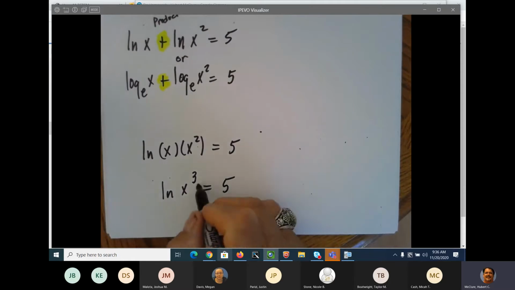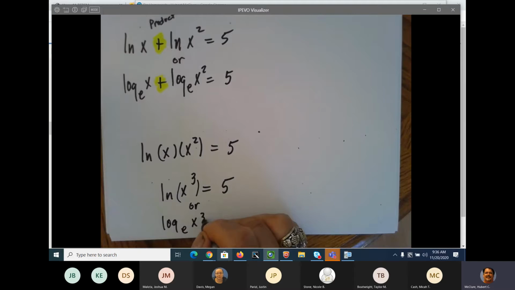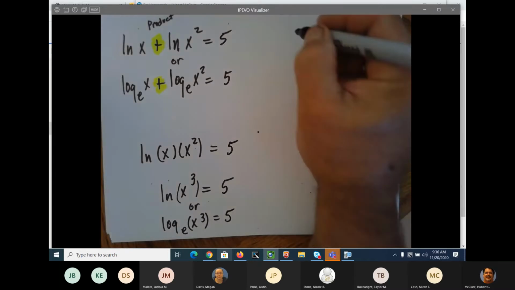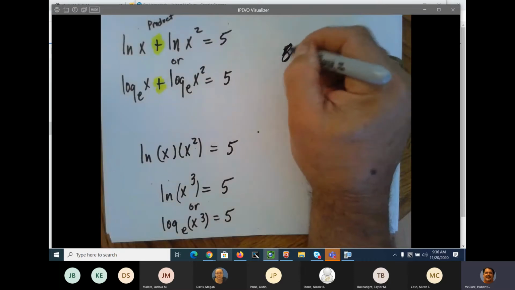And that right there is the definition of a logarithm. You can say log base e of x to the third is equal to 5. So log base a of x is equal to y. I'm sorry, I just messed that up.